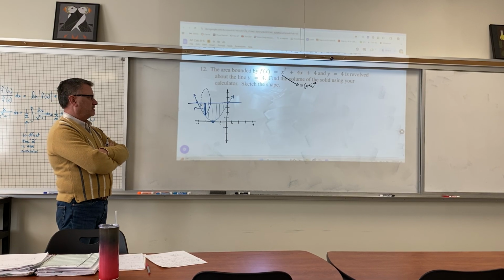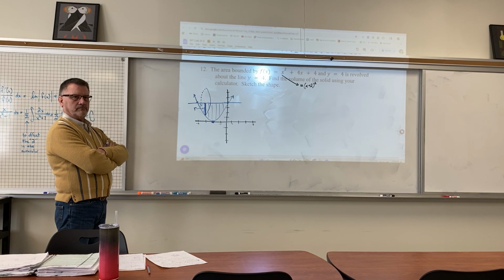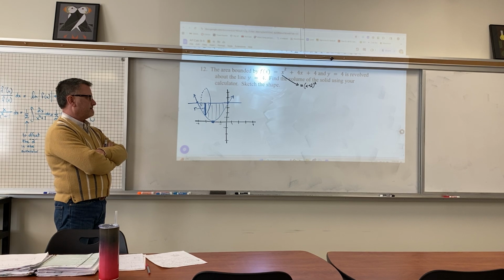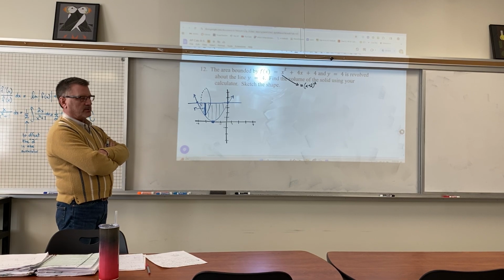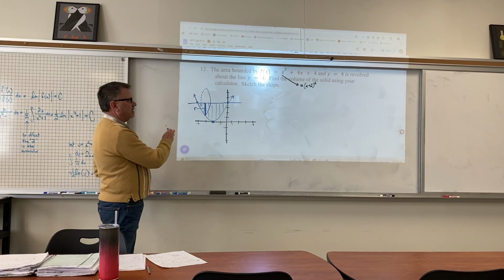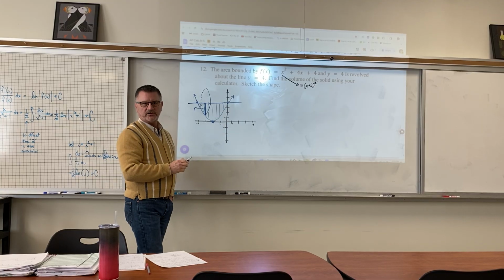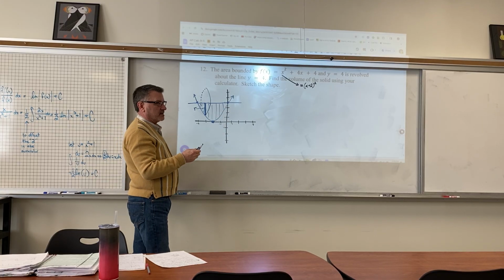I'm trying to figure out this thing. Well, if it's revolving around the line y equals 4, it must mean that I'm moving across in the horizontal direction, which is like the x-axis.